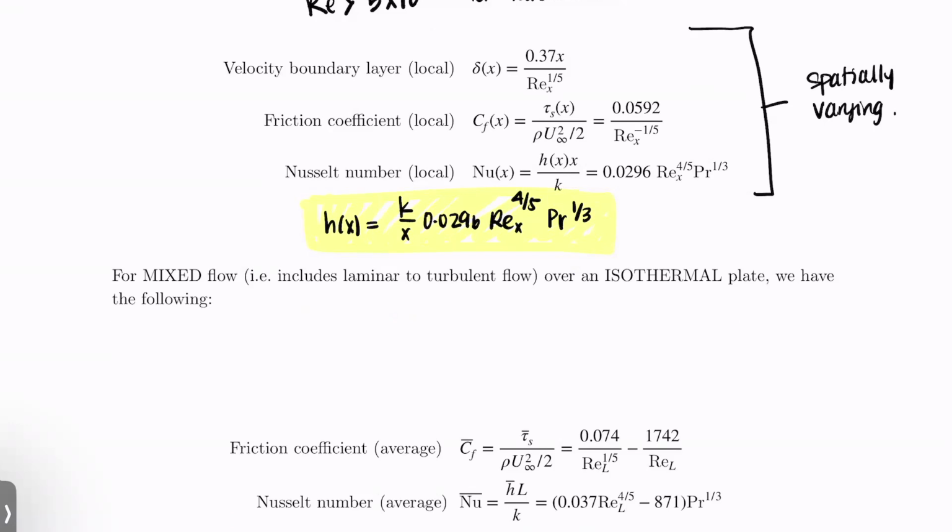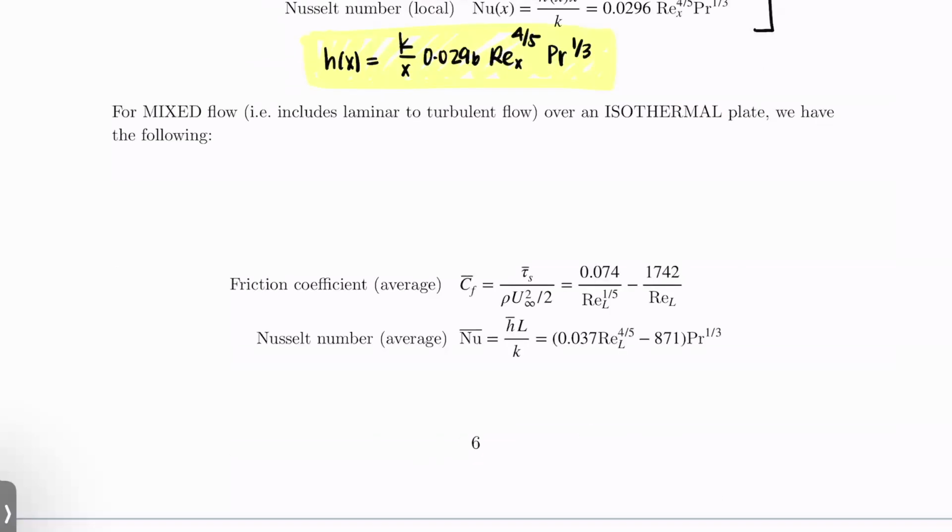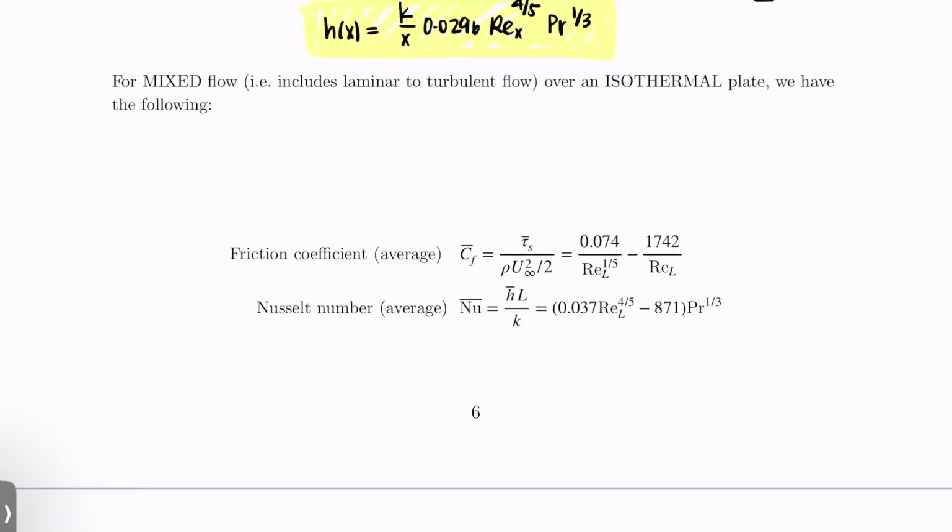We put the bars over the Cf and the Nusselt number to indicate the average, and in this case we're going to solve for h bar. So we get k over L times 0.037, Reynolds number based on the length of the plate to the 4/5 minus 871, times Prandtl number to the 1/3. Again, this is the equation that has the most utility for us in this unit.